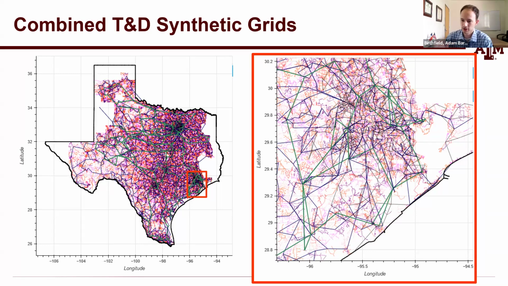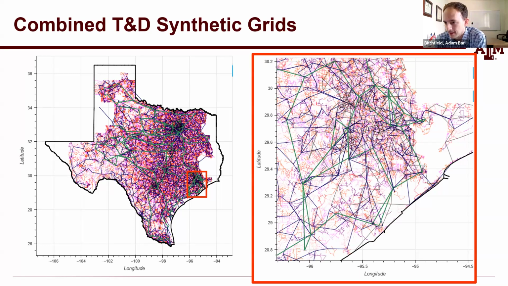So this is 7,000 transmission buses for a Texas grid, but then there's something like 10 million distribution nodes in this grid. And you can see that it goes all the way down to the meter, zooming in. This is a much larger test case and data set than I think is even used practically in industry for almost any study.